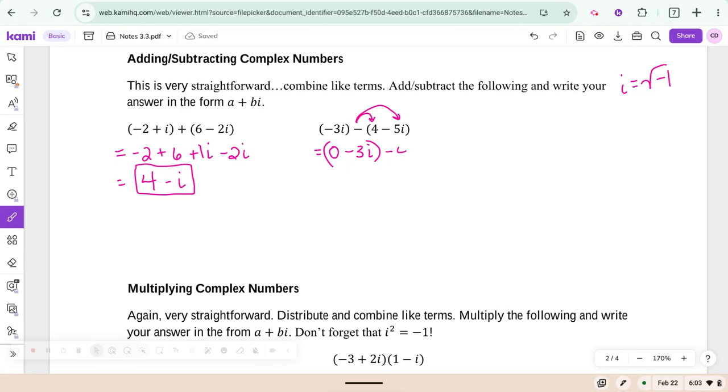So I'm subtracting 4, I'm subtracting a negative 5i, which means I'll be adding 5i. So I've got my real component 0 and my real component negative 4. I'll combine those. Then I have my imaginary components. Minus 3i and plus 5i makes plus 2i.